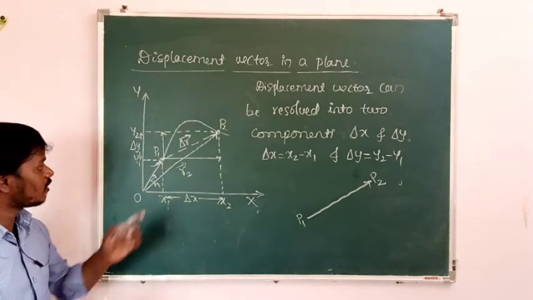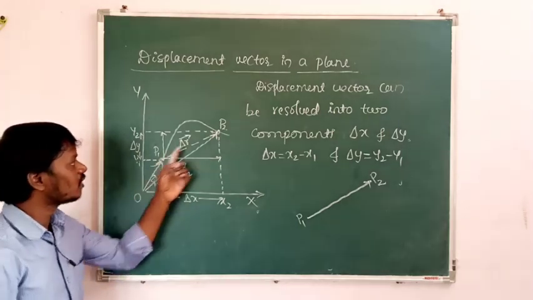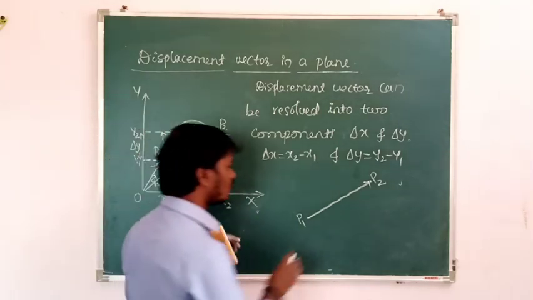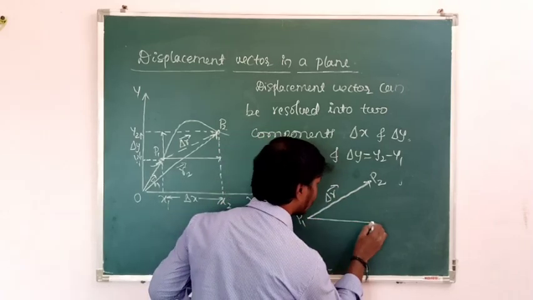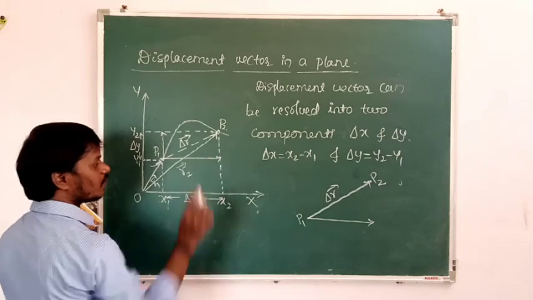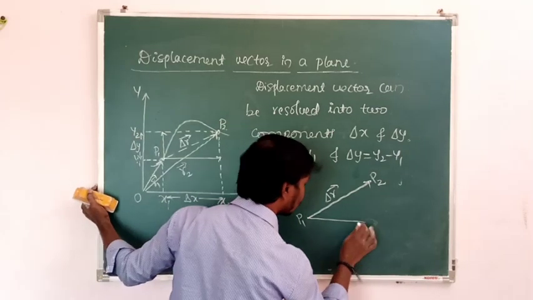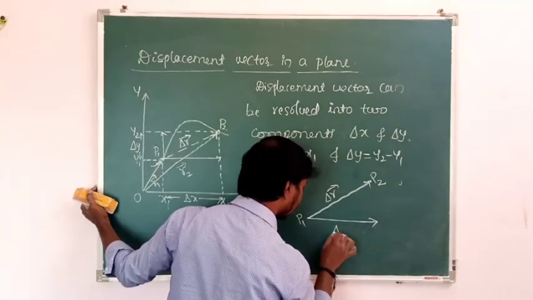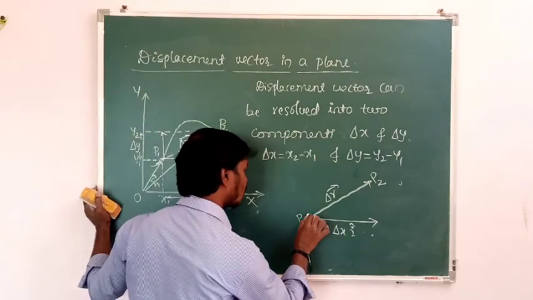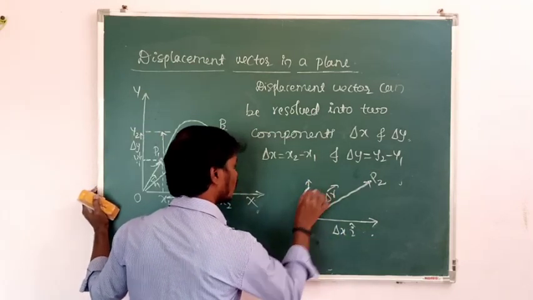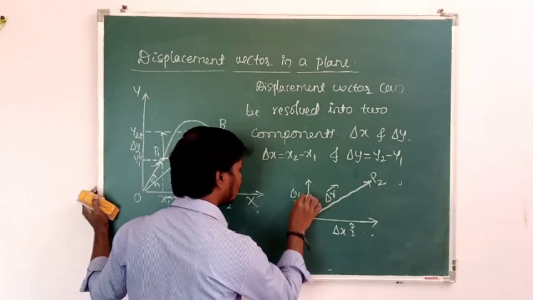It is the shortest distance drawn between the initial position and final position. This can be taken as delta r, and its x component can be taken as delta x into unit vector i, and its y component is delta y into j.